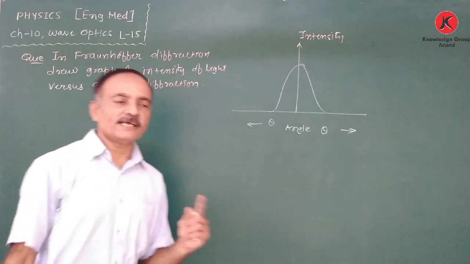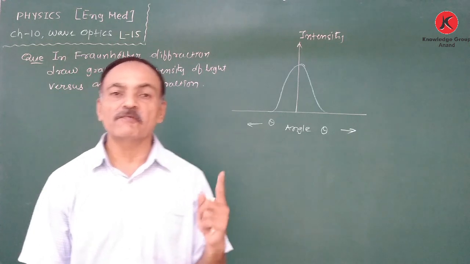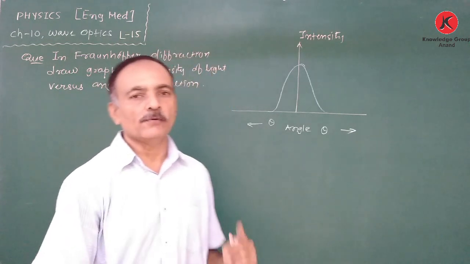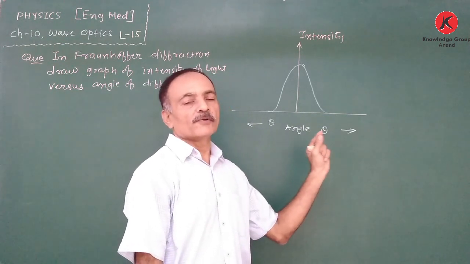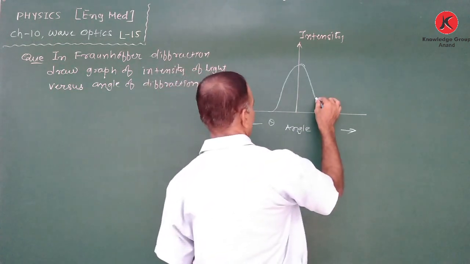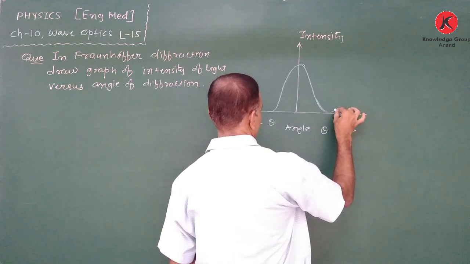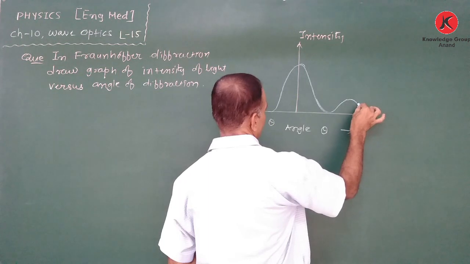And already we know that the first order maximum is formed due to only one third part of the slit, whose waves produce the intensity at point P. Therefore the intensity of the first order secondary maximum is only one third of this.